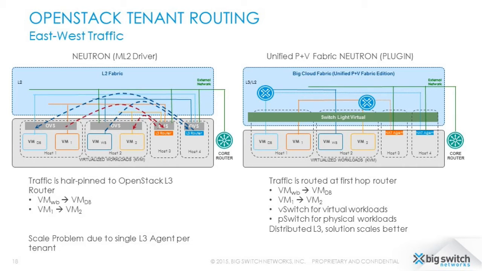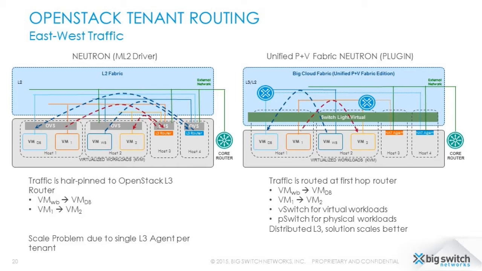This Fabric handles layer 3 routing for blue and orange tenants. In this case, when web VM wants to talk to VMDB, traffic is sent to SwitchLite virtual on host. Based on lookup, it's sent to ToR switch, which then forwards directly to destination ToR switch, end-to-end VM.